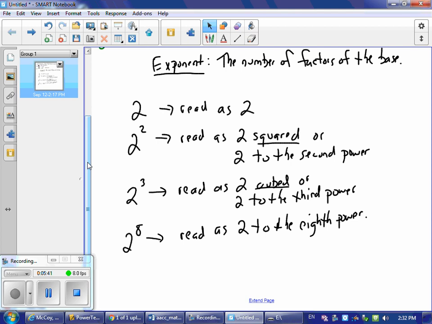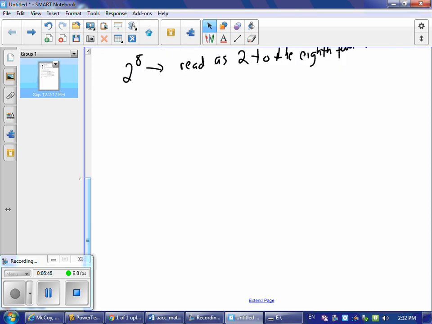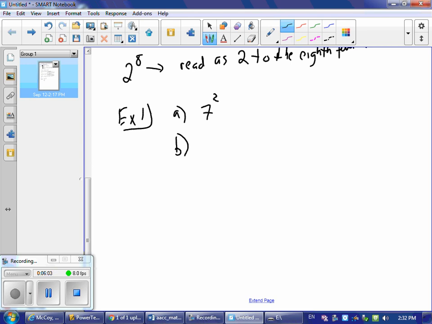All right. So example 1. The first one says 7 squared, or 7 to the second power.